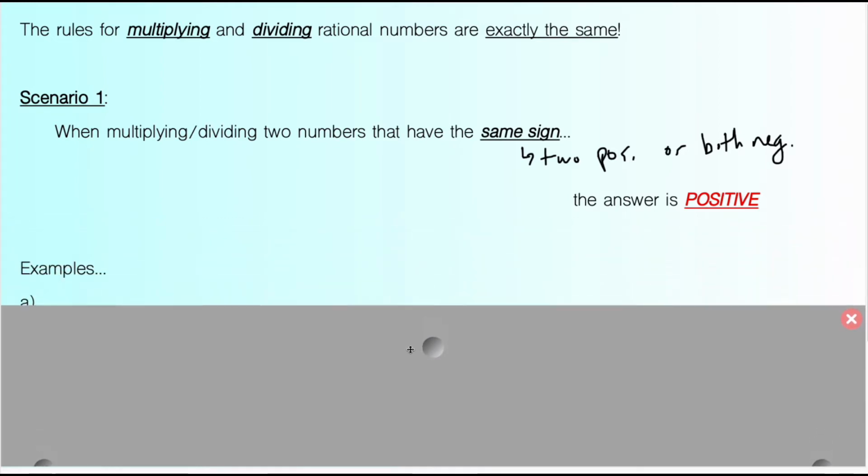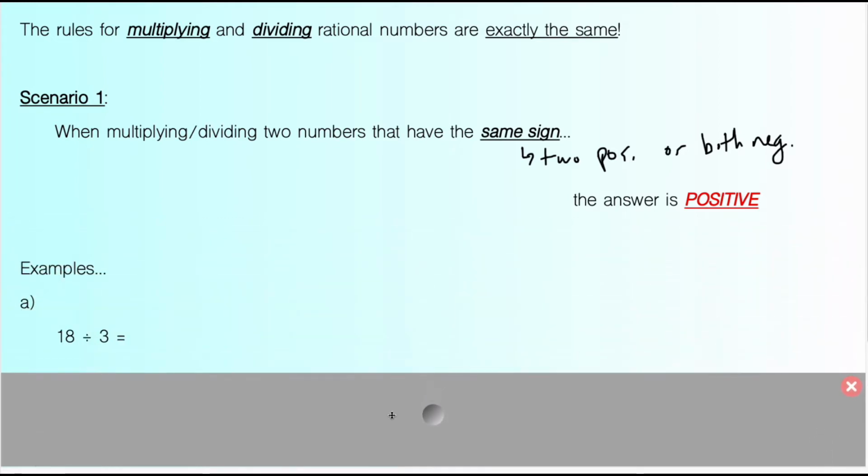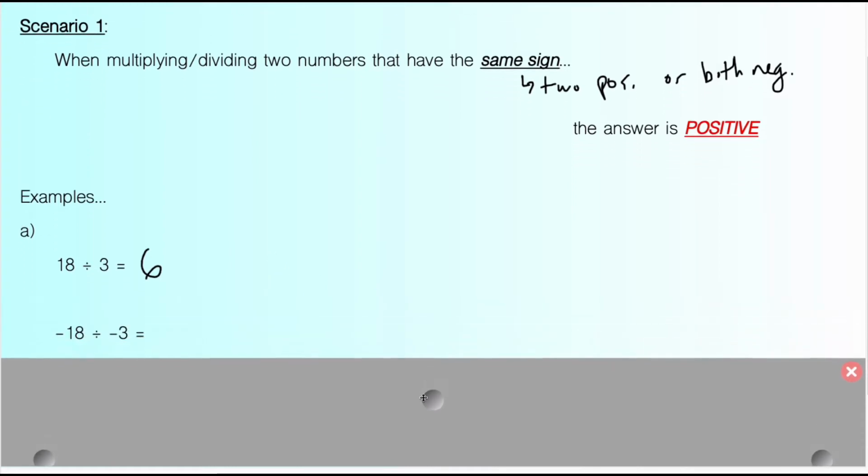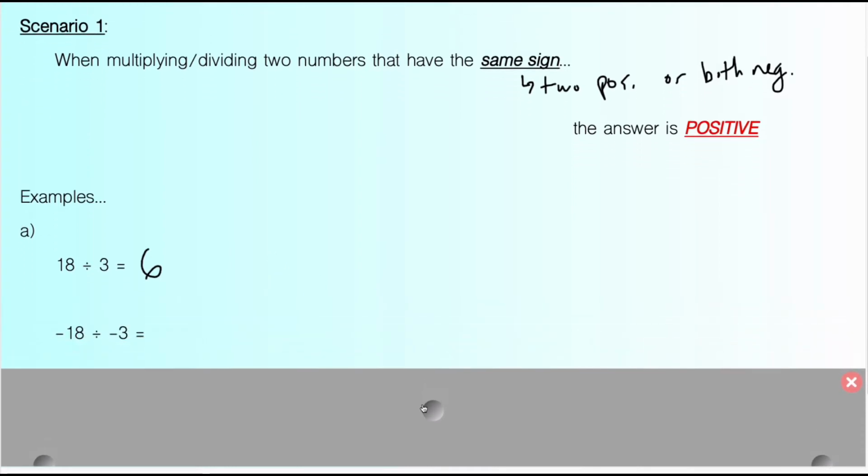So an example in numbers, well, we know this is super simple. 18 divided by 3 is 6. But the same quotient would result if I did negative 18 divided by negative 3. Nothing is going to change numerically. The numbers all hold true. Anytime you multiply or divide, the only thing you're looking at is the type of number you are multiplying or dividing.